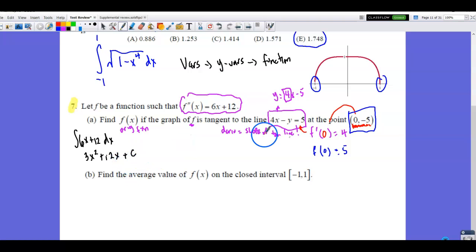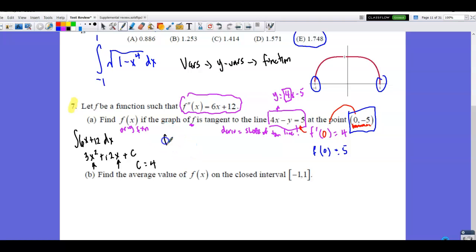Remember this is the first derivative, so I'm going to substitute 0 in place of x, and a 0 in place of f prime of x. That'll give me c equal to 4. It's always nice when they give us a 0 value. Do not assume that c is always the number that they give you. It just works out this way because they give us an x value of 0.